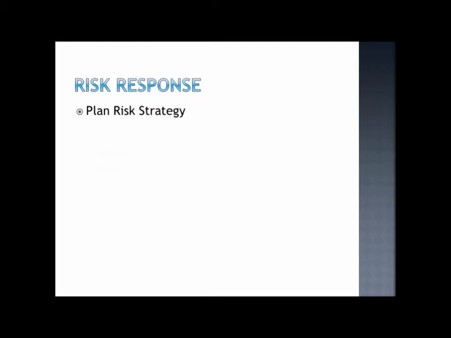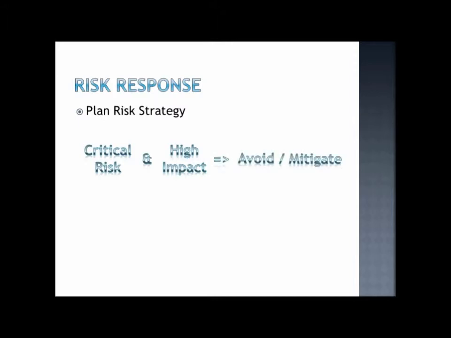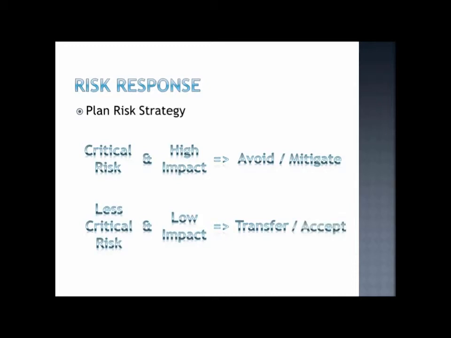For critical risks with a high impact on project objectives, the strategy would be either to completely avoid the risk or to mitigate the risk. For less critical risks, which probably would not affect project objectives to the same degree, the responsibility of that risk might be transferred, or else the risk may be simply accepted.